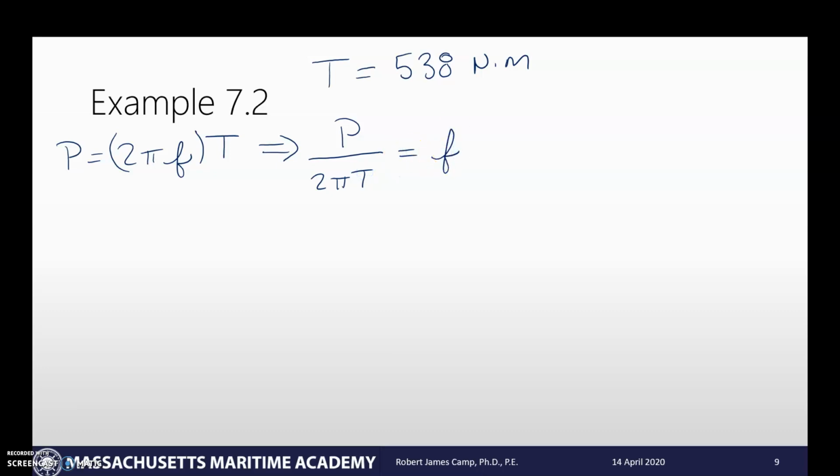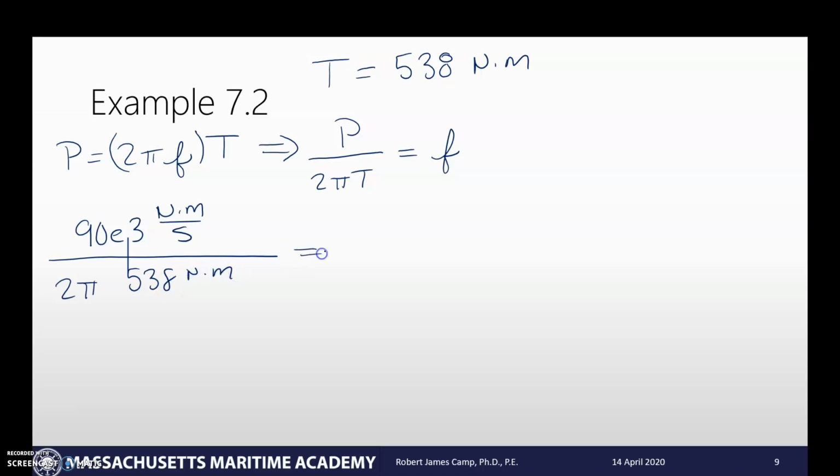And so at this point, we just plug everything in. We have a power of 90 kilowatts, so 90 times 10 to the 3rd is our watts. Newton meter per second is what our units for watts are. Divide that by 2 pi times our torque, which is 538 Newton meters.